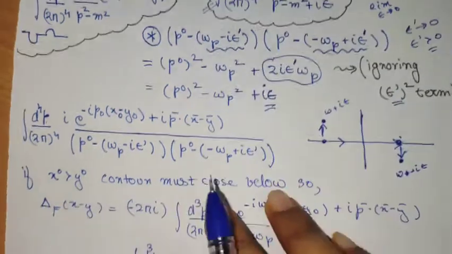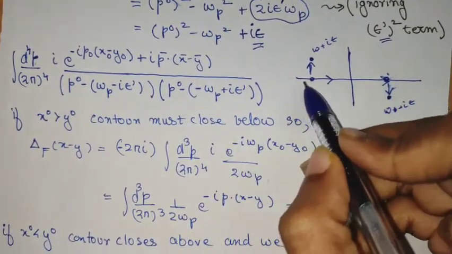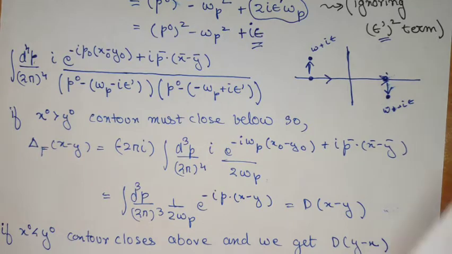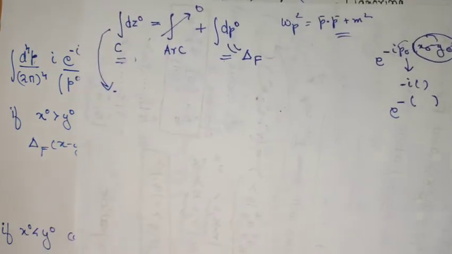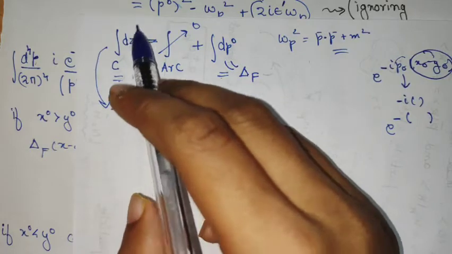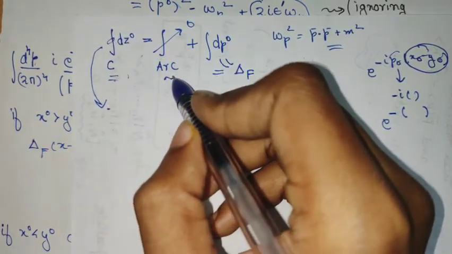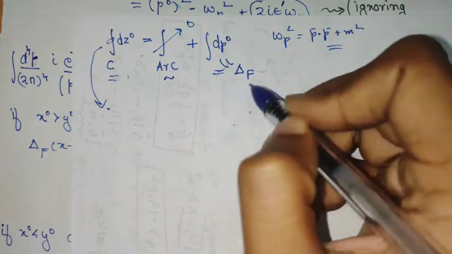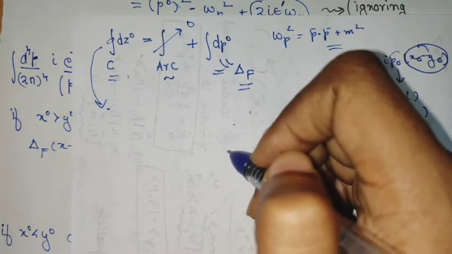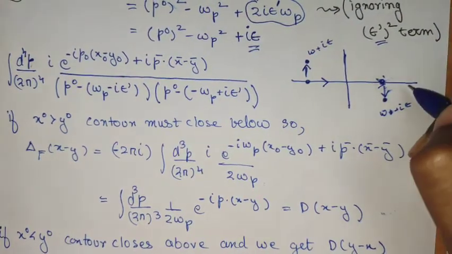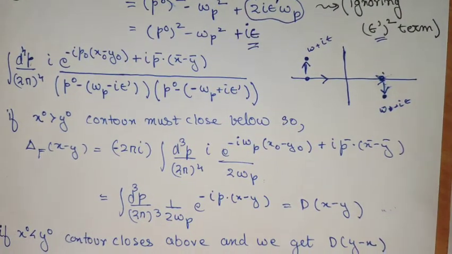Now when we start integrating, we take the contour, it goes like this. Still, the contour integral of the complexified function is an arc plus the real axis integral. The real axis integral is the Feynman propagator, but now I need to kill the arc. So to kill that arc term, I have to close the contour in one direction or the other.